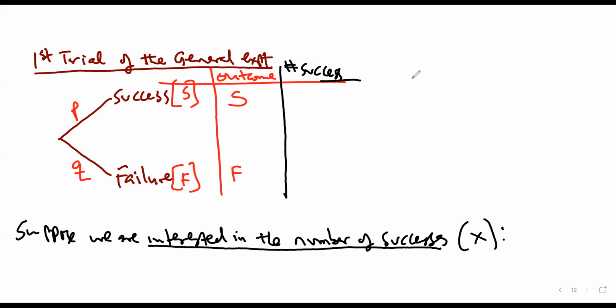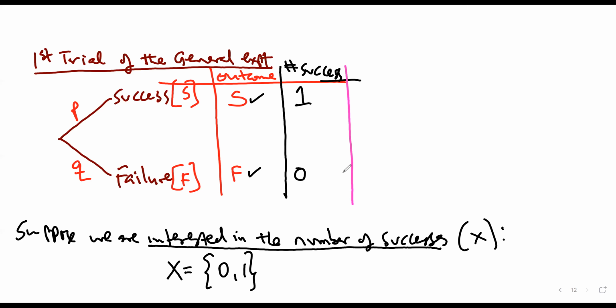In the first outcome, there is only one S, and in the second outcome, there is no S. So in this case, X is taking the values 0 and 1, a discrete variable, as you can see. Then in addition to that, we may want to have a column here indicating the probability of success.